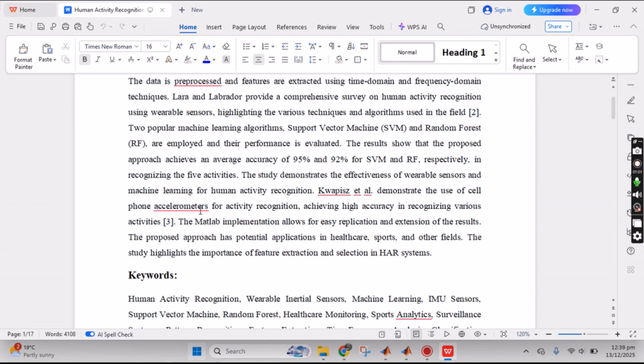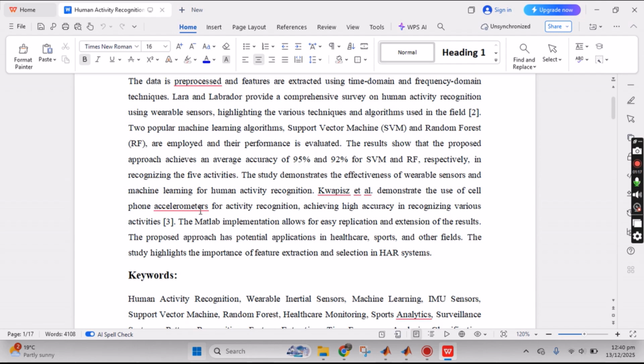Two popular machine learning algorithms I have used are support vector machine, SVM, and the random forest, RF, and their performance is evaluated accordingly.